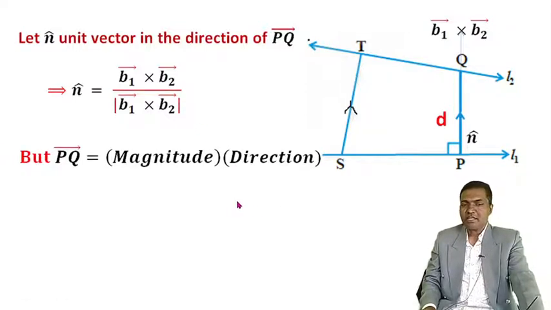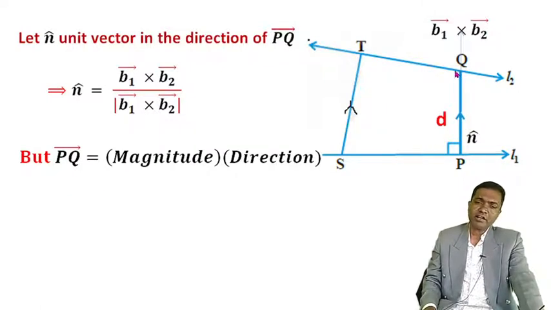Okay. Now also I told in the beginning how a vector can be expressed. Any vector means a quantity that has magnitude and direction. Direction means a unit vector along that vector. So vector PQ can be expressed as its magnitude and its direction.